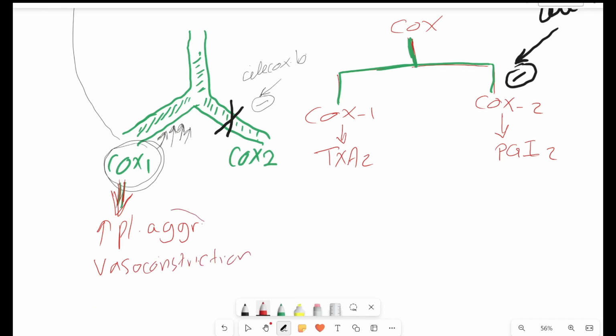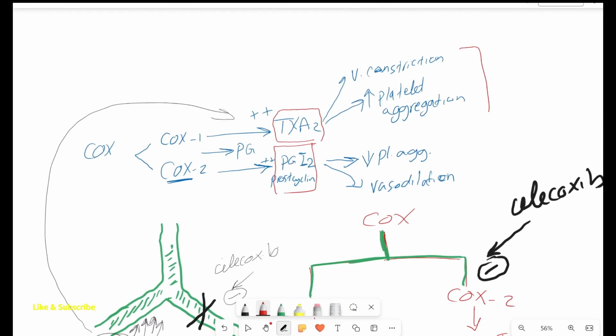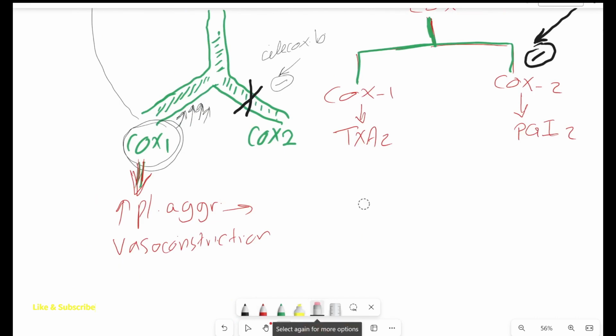I will go to the top and look at what we have here to remind us. You can see this is the effect of thromboxane A2. The result will be platelet aggregation, increased risk of clotting.